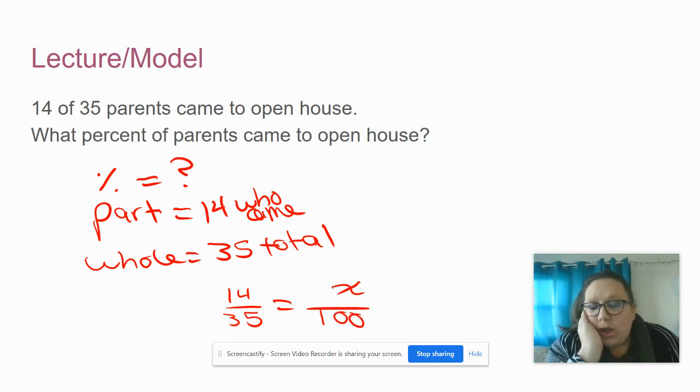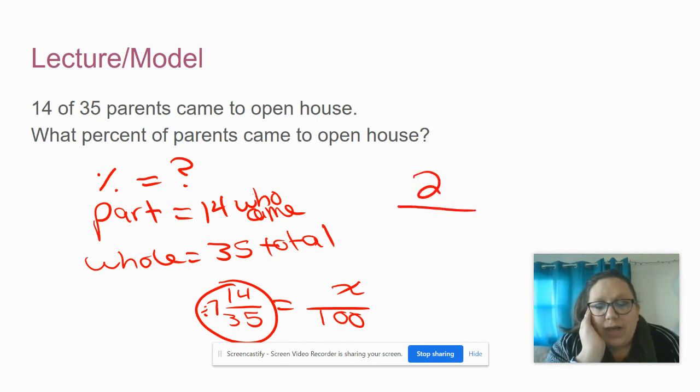And we know that we cannot go from 35 to 100. So what we're going to do is simplify this. 14 and 35 can both be divided by 7. 14 divided by 7 is 2. 35 divided by 7 is 5.